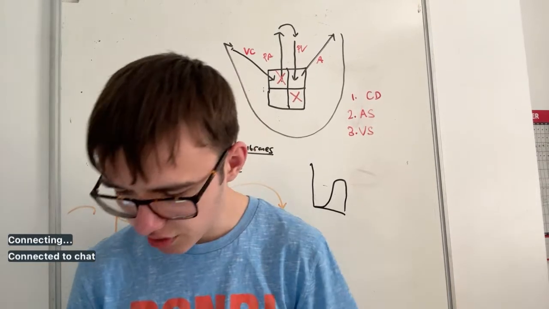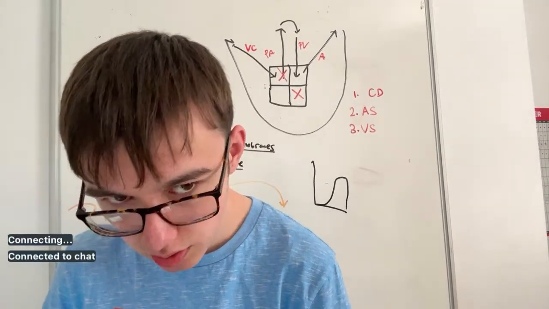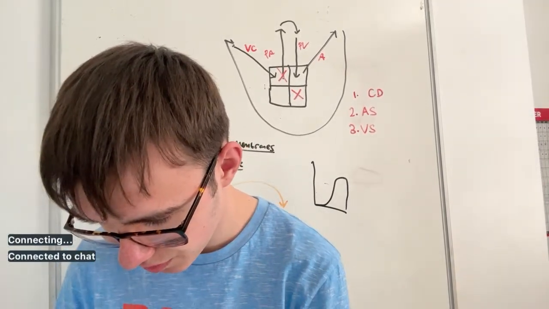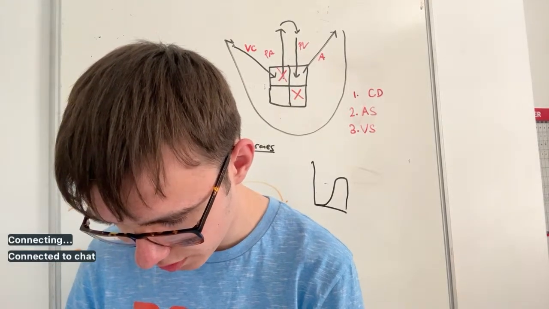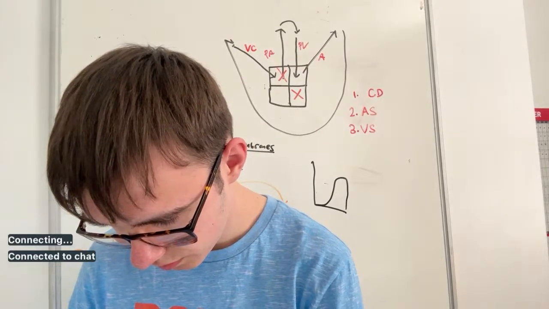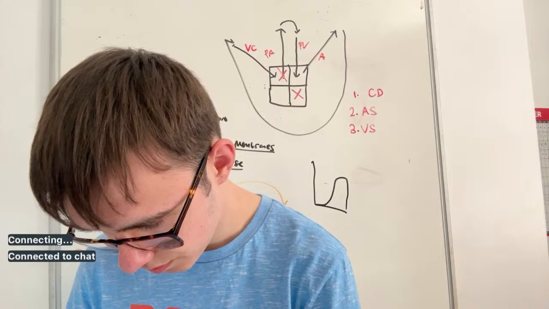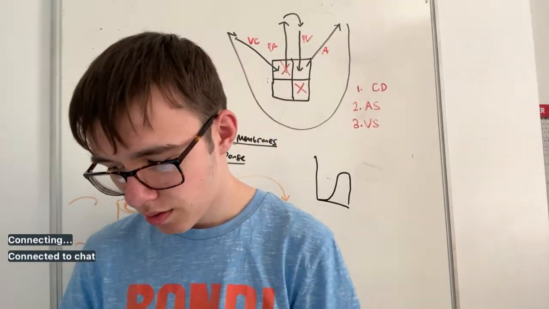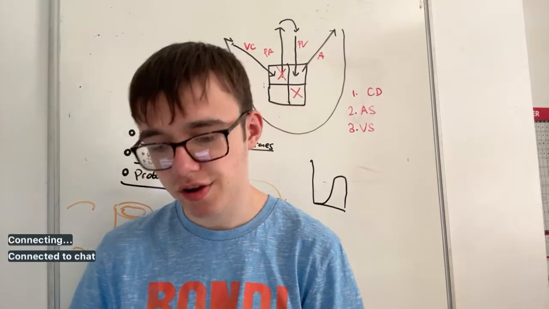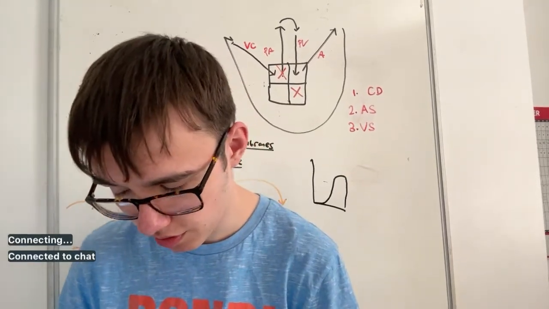Let me just quickly check that. See, the heat is getting to me. I don't know left from right. Let's have a look. Yeah, the evaporation of water, due to the hydrogen bonds, cohesion tension.